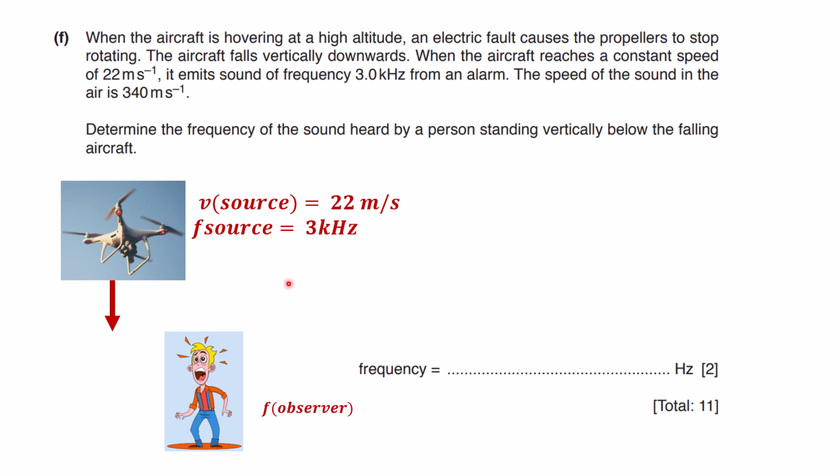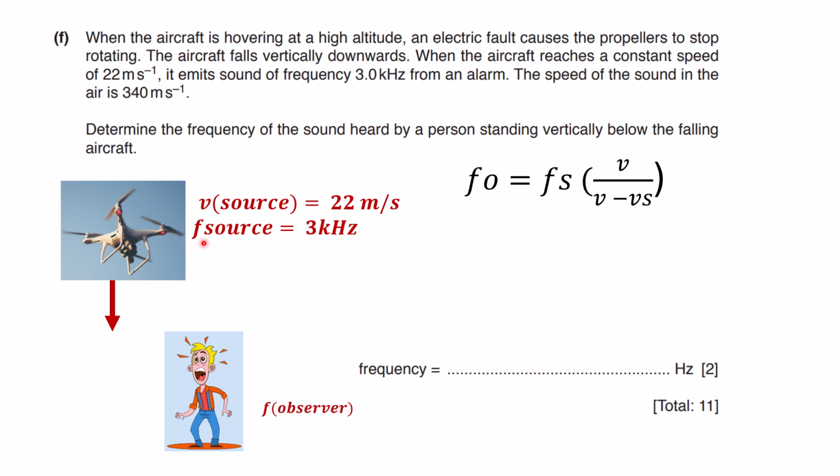So we can actually use the Doppler effect formula to answer this question. In the Doppler effect formula, you have the observer and you have the source. The source is the sound source.